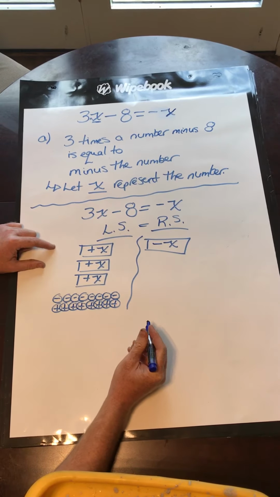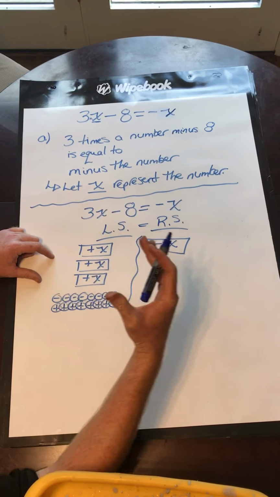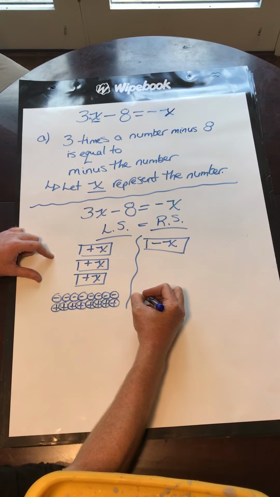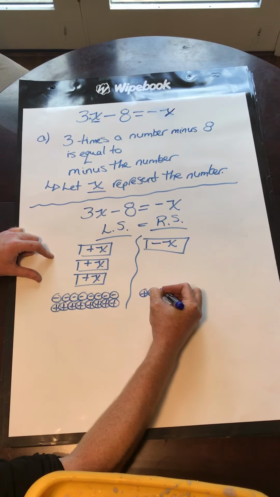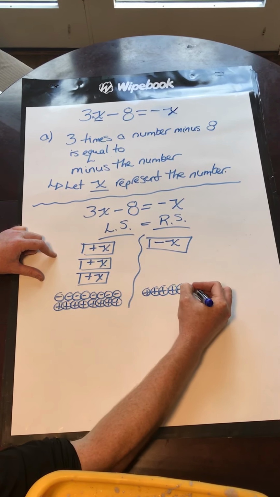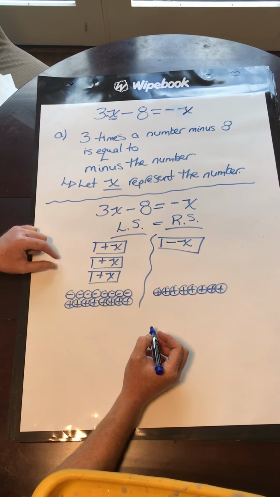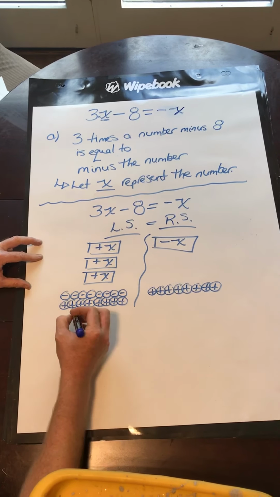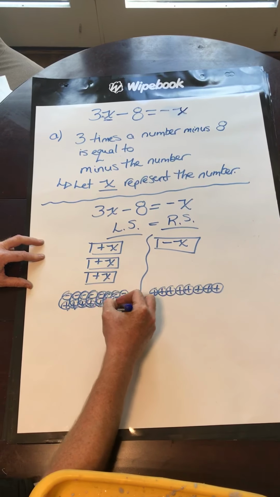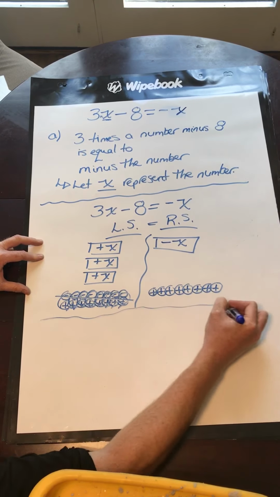But my equation is now unbalanced. Whatever I do to one side, I must do to the other side. So what do I need to do to the right side? I must add 8 positive unit tiles. Now I'm going to simplify by looking at all these zero pairs. They cross out.